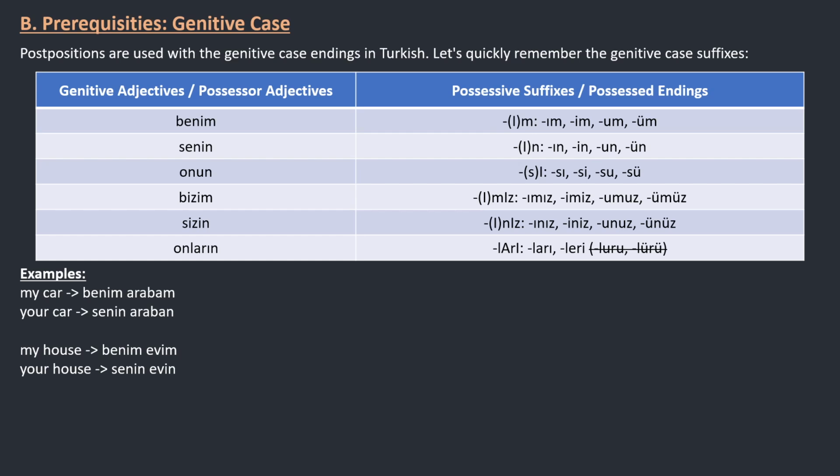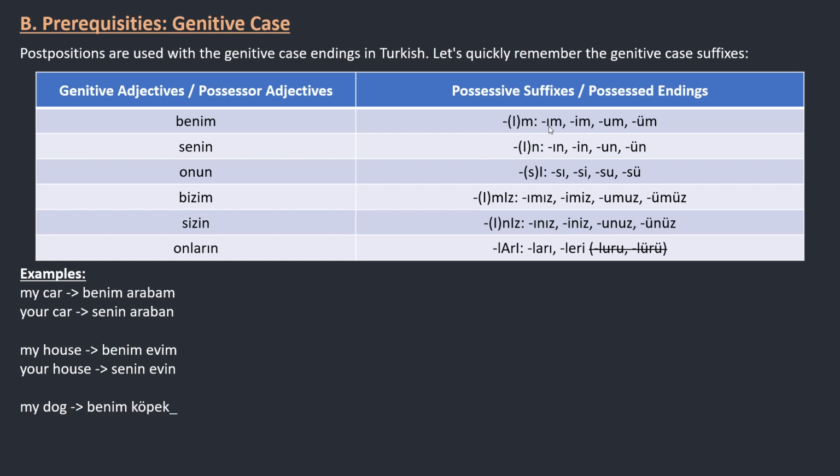One final word, my dog. So benim again. The word for dog is köpek. So I will need to choose which one, or do I need the extra vowel? I'm checking, the last letter is a consonant. Yes, I will need the extra vowel.